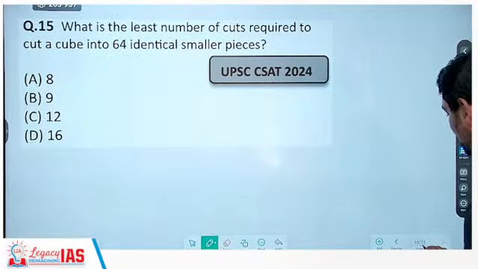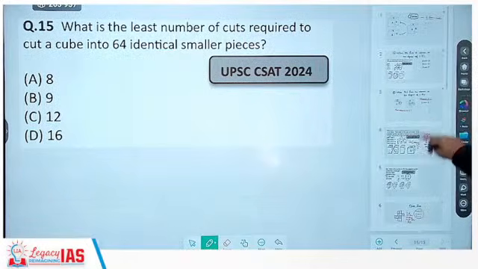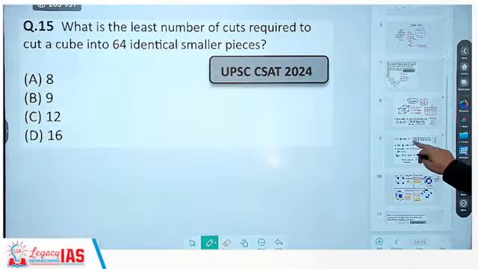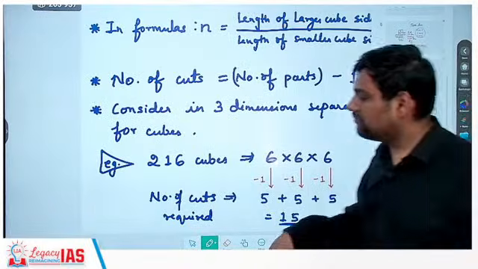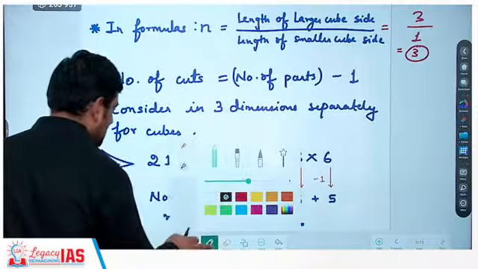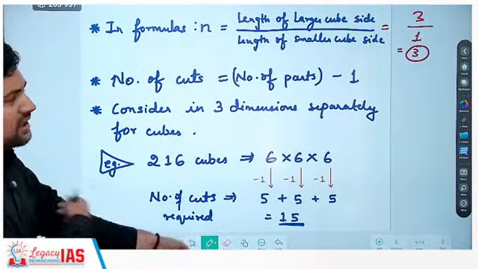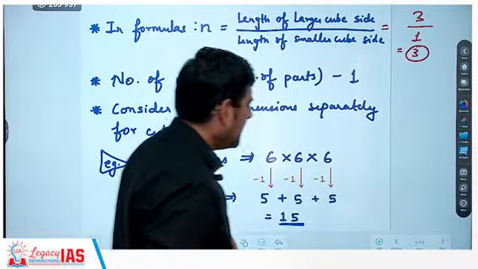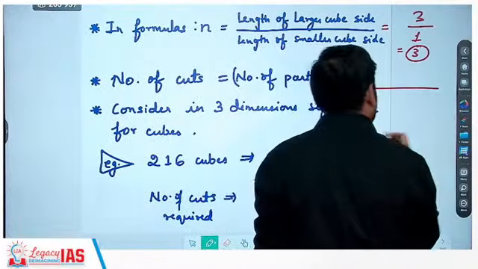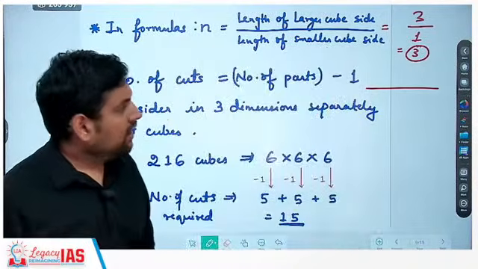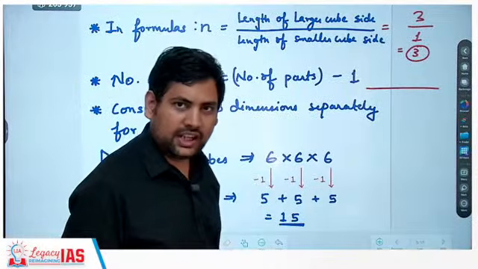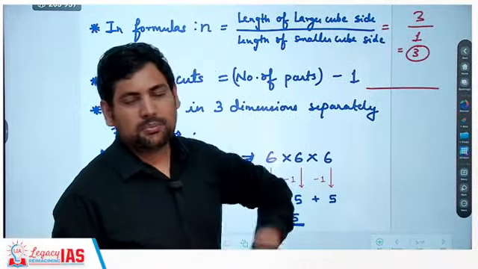Before this, now let's understand what we left here, which is number of cuts. Now see, this is a line. I ask you to divide this line into four equal parts.